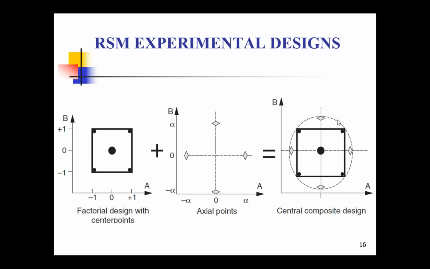We are going to consider this as a value. Then apart from this, we will also have the axial points, the axes that pass through the cube. By combining these two, we will have the central composite design. While going on to the hands-on training, I will tell you each and every one, how to change. This can also be changed according to our needs.